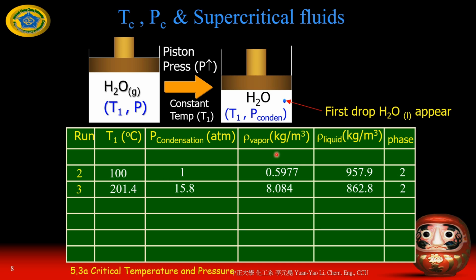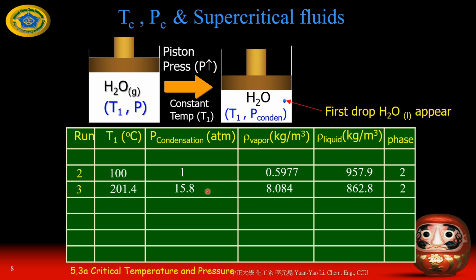And at this moment, when you measure the density of the vapor, it increases. Why? Because this pressure represents density. So the density of the vapor increases, and the density of the liquid will decrease, because they don't want to be too close, because of the high temperature.